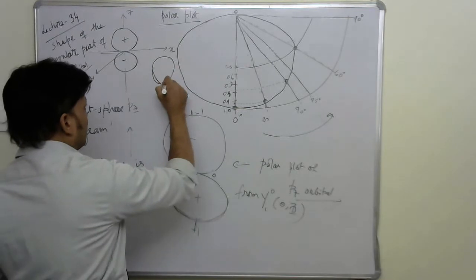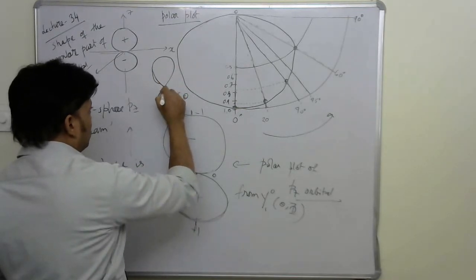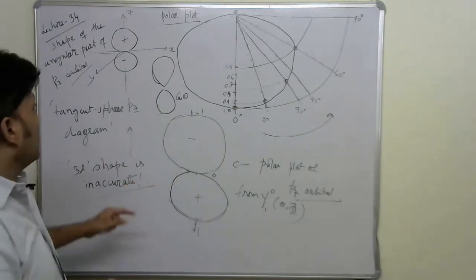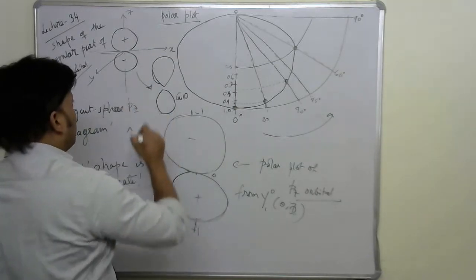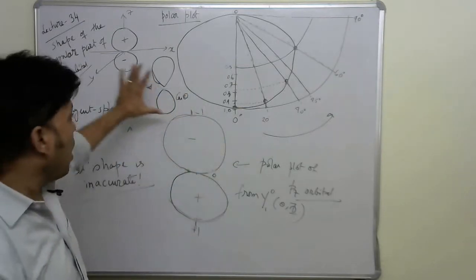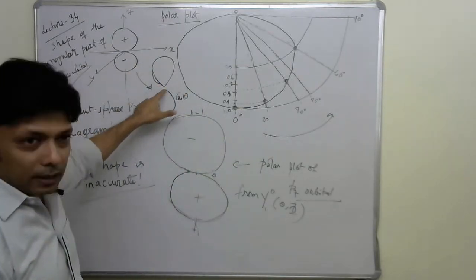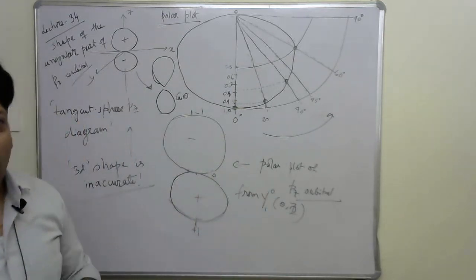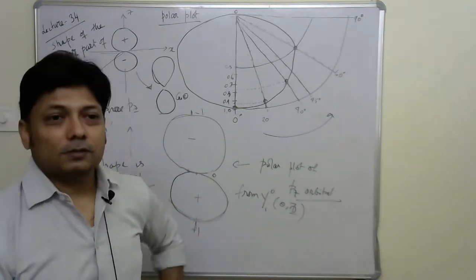Let me try to draw as best as I can. Something like this. So from this to this, if we include the radial part. How the actual shape is obtained, that's what I'm going to talk about next.